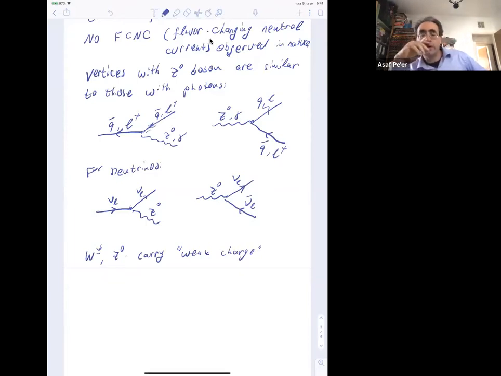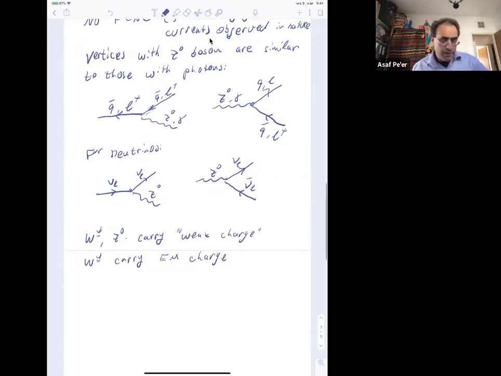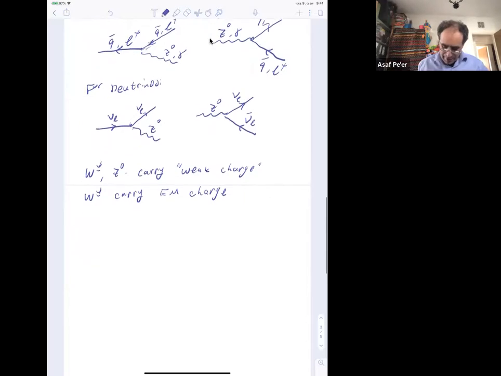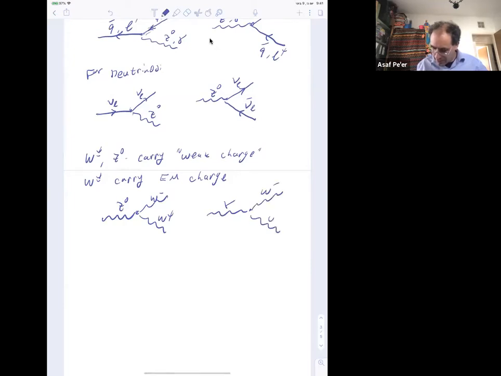W plus minus, of course, also carry the electromagnetic charge. Which means that they can have self-interactions between them. So we can have something like a Z boson that interacts and produces a W minus and W plus. Same is true for the photon. You can have a photon that produces a W minus and W plus.